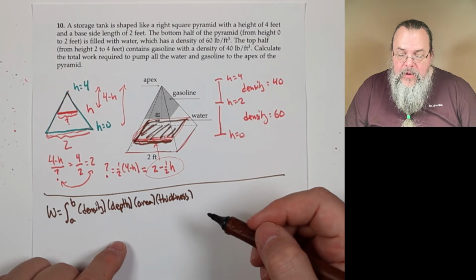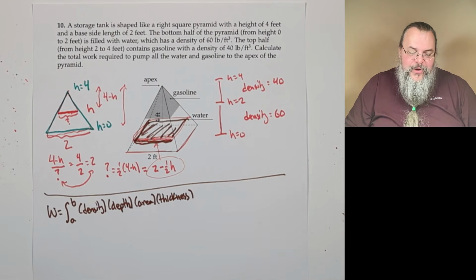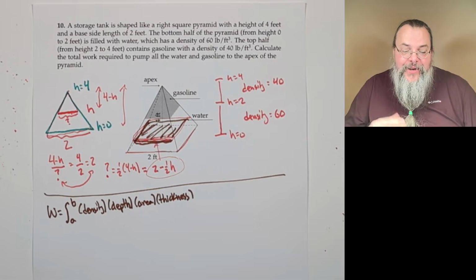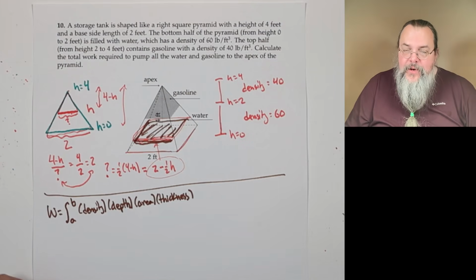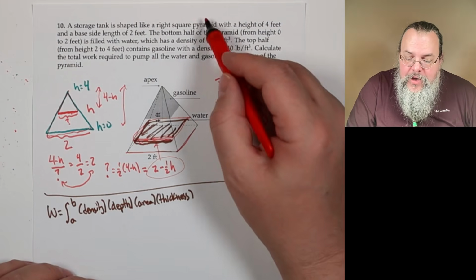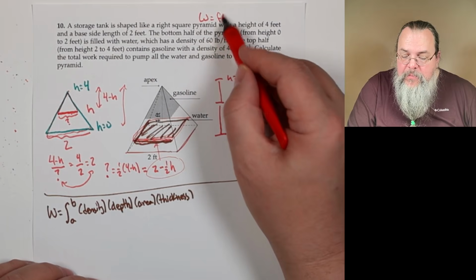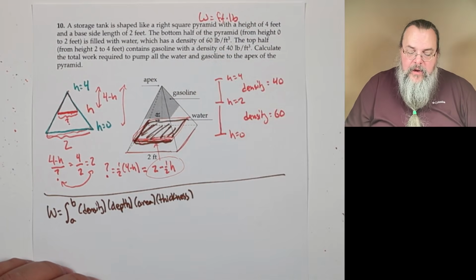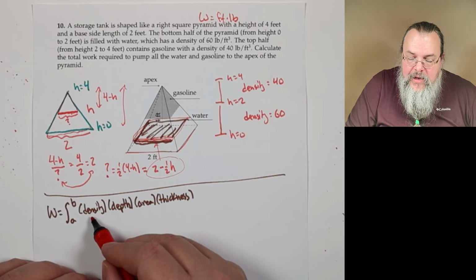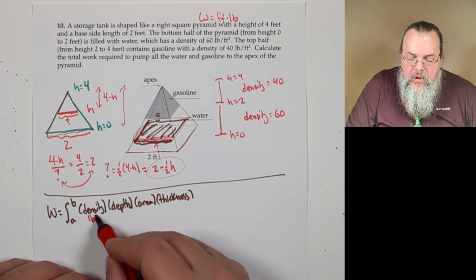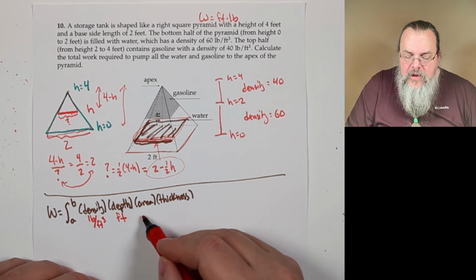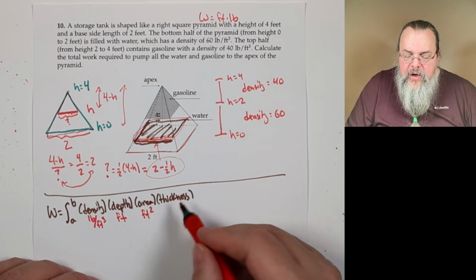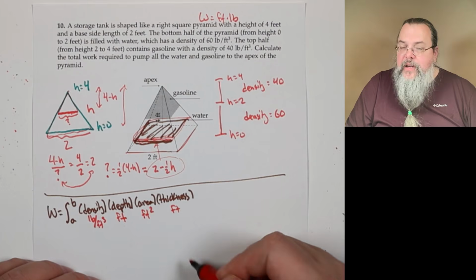And if you're wondering, does this work? One thing you can always do is a sanity check: check the units. When you get work out, the units should be foot-pounds. Density is pounds per cubic foot, depth is a foot, area is foot squared, and thickness is a foot again.